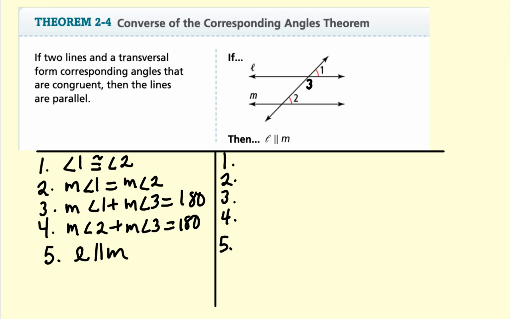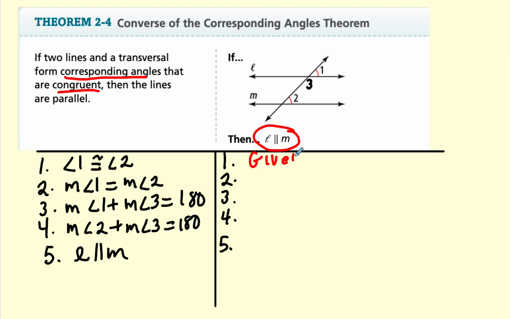All right, let's go ahead to our converse of a theorem we had before. Again, the if part is about corresponding angles being congruent, and we want to prove that the lines are parallel. So we are not starting with parallel, we're ending with parallel. So we have 1 and 2 are congruent, so that is given.